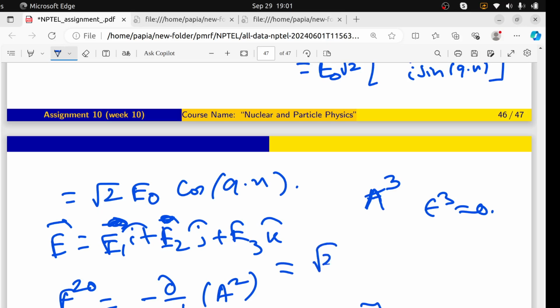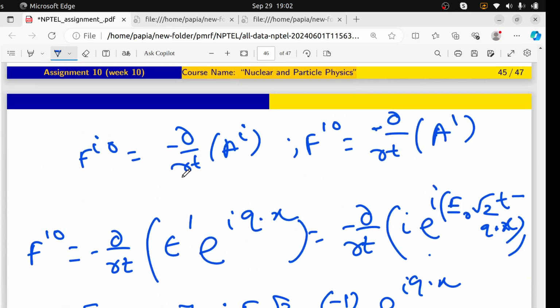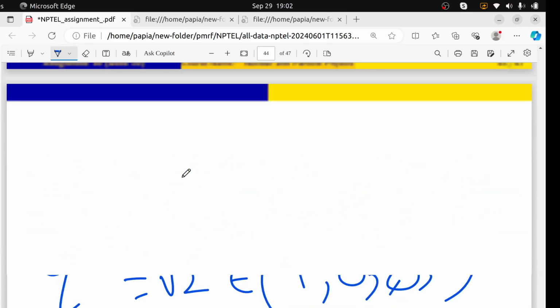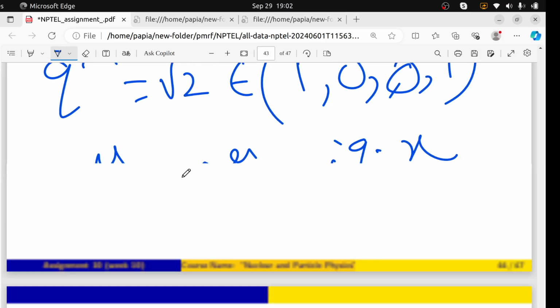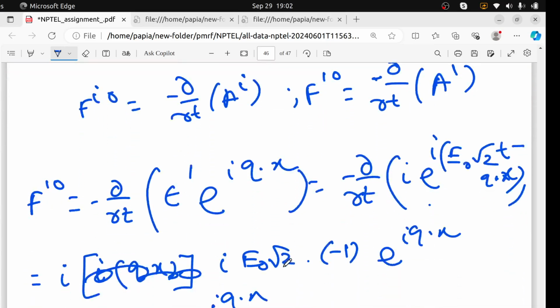Yes, root 2 E0 cos, and root 2 will cancel out. Where root 2 will cancel out? Epsilon is 1 by root 2. Okay, I didn't know that one. Okay, it is 1 by root 2. So root 2 will cancel out.